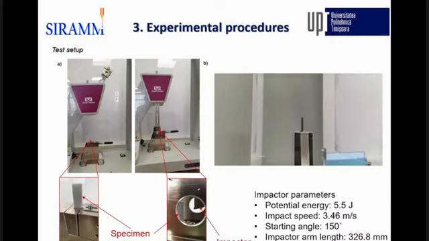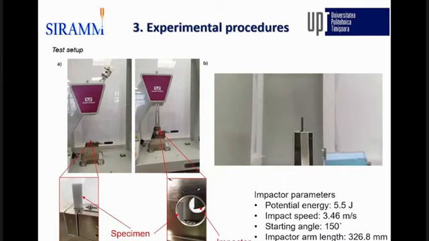The specimen is clamped in the device, fixed by means of a guide, and the hammer is lifted to an angle of 150 degree. The hammer is released and strikes the upper part of the specimen, as shown here in this figure.